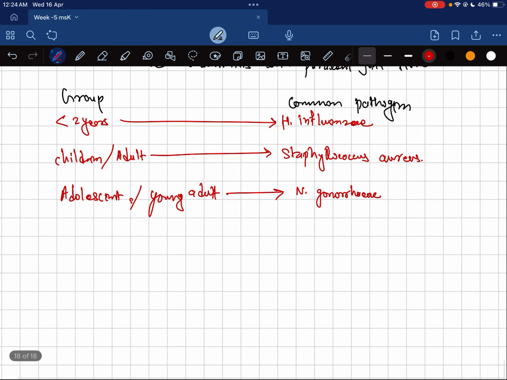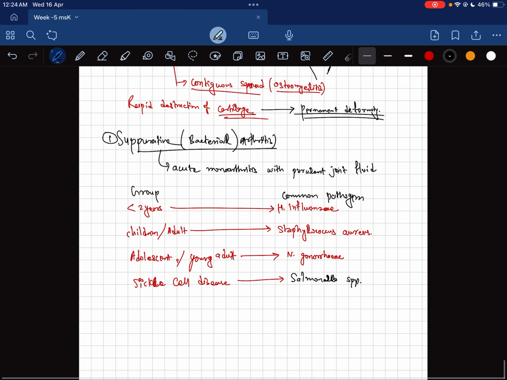And in sickle cell disease, there is an organism like Salmonella species. This is bacterial suppurative arthritis.